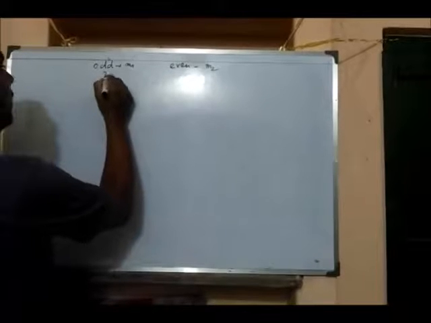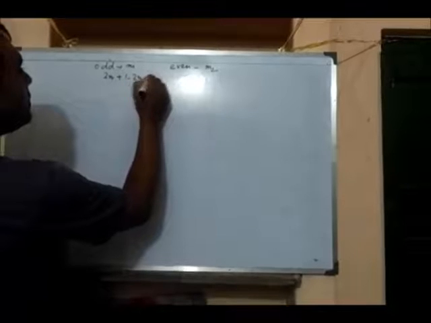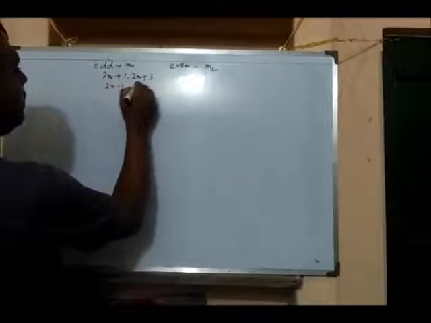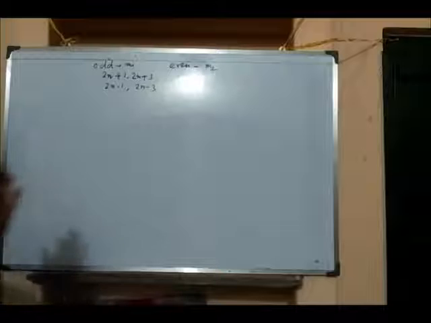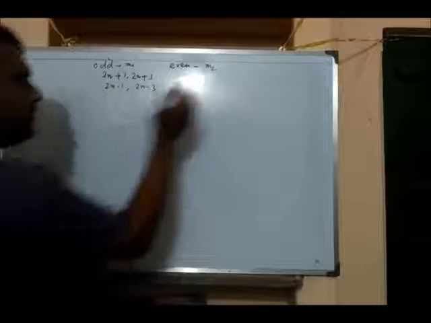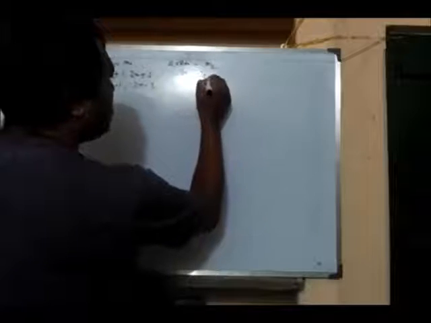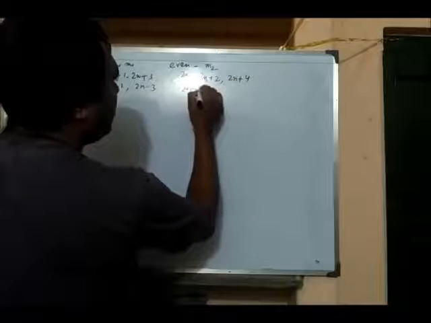According to that, the odd lattice points are at 2n plus 1, 2n plus 3, 2n minus 1, 2n minus 3. These are the positions of those points, and at the same time the even atoms are at 2n plus 2, 2n plus 4, 2n minus 2, 2n minus 4. These are the positions of the even atoms.